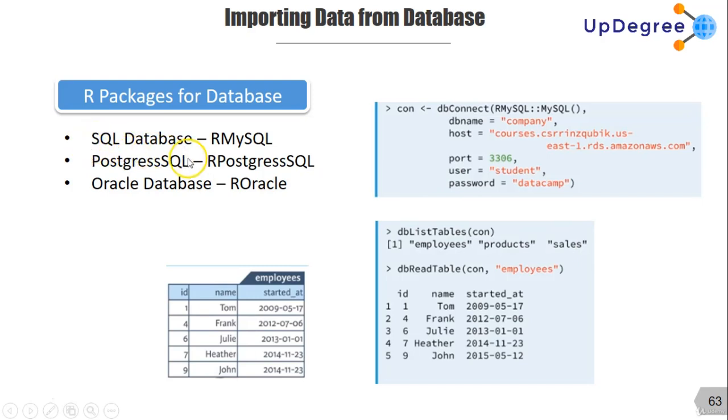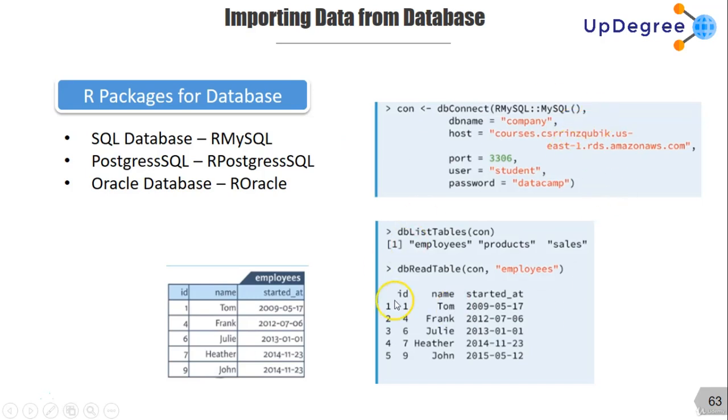For a SQL database, if you want to connect R, we use the RMySQL package. Similarly for PostgreSQL, we have RPostgreSQL, and for Oracle database, we have the ROracle package. Each of these packages contains a lot of different functions which help to import the data, and each of those functions has a lot of arguments to have control over that data.